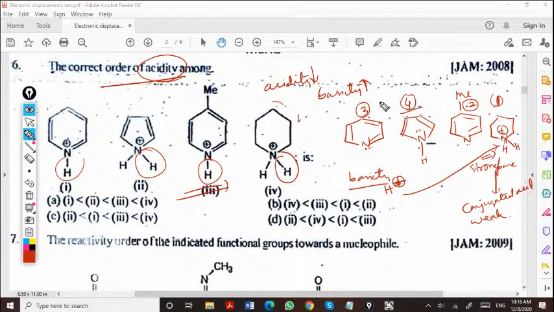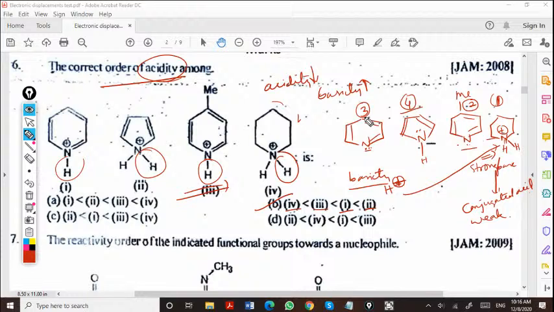That is what this is. So this is the highest, then the second highest, then the third highest, then this is the last. So the acidity trend will be in this way, the reverse of the basicity.